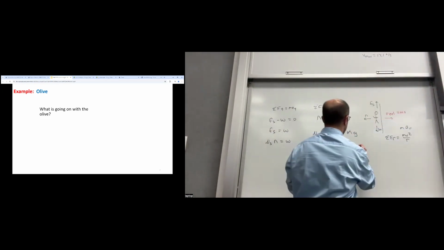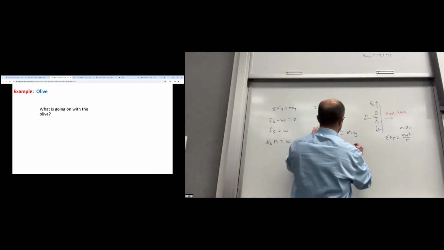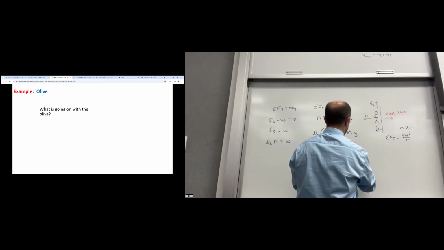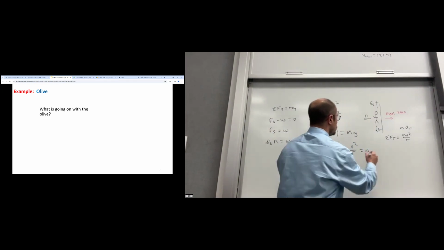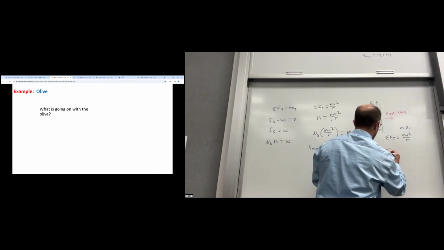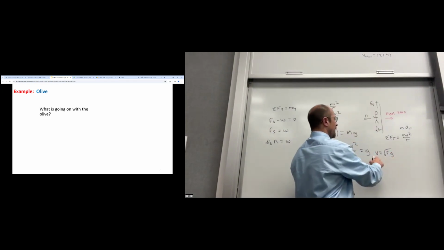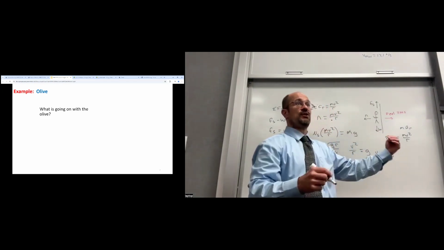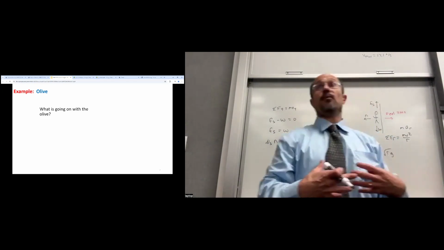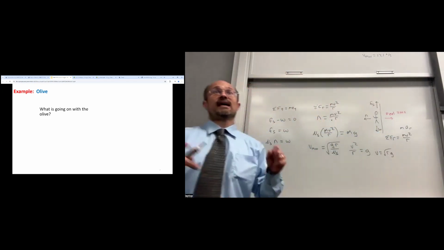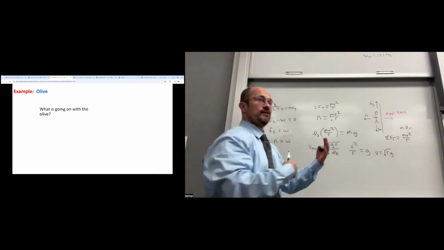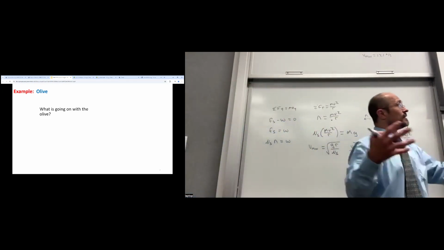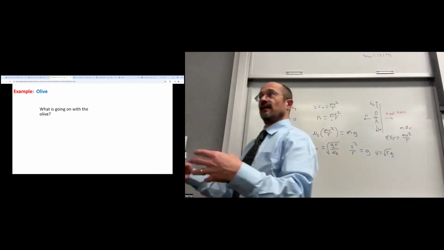Not worrying about mu s, you'd have V squared over R equals G. You spin your drum fast enough that this value gets you to G, so people feel as though they're at 9.8. That's how science fiction shows always try to simulate gravity on their space stations.